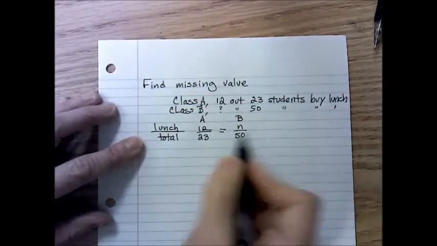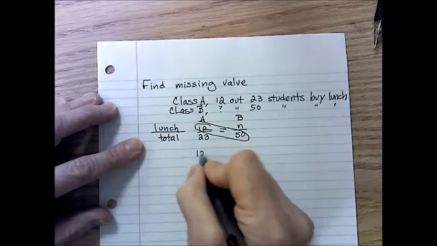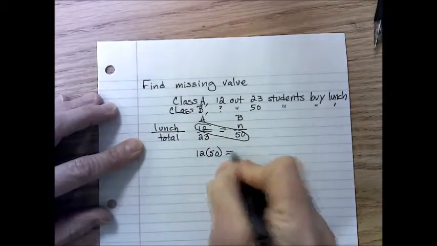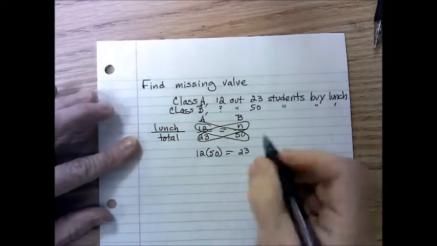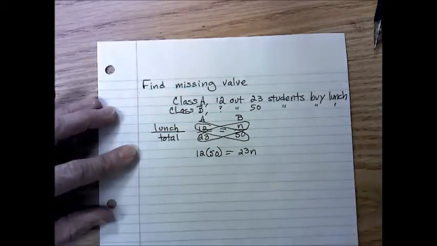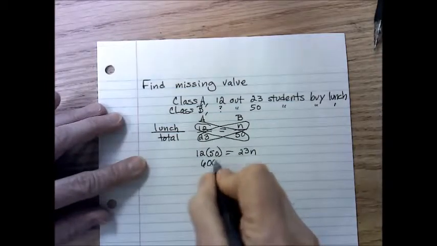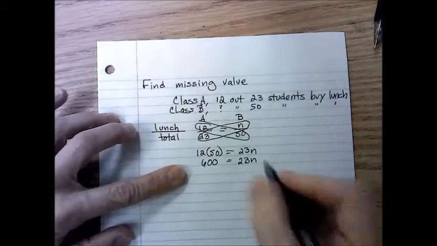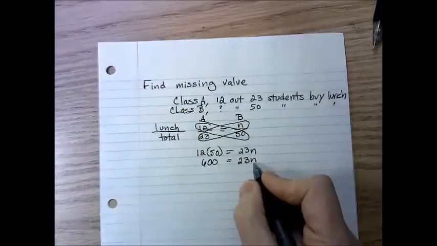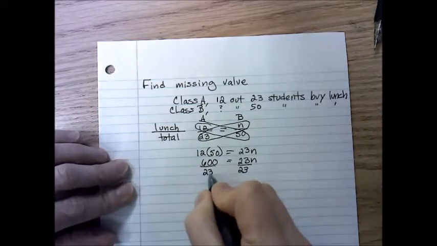So we would do what we've just done here, set up our cross products. So 12 times 50 equals 23 times n. And 12 times 50, when we simplify, is 600 equals 23n. And to isolate that n by itself, we're going to divide both sides by 23.